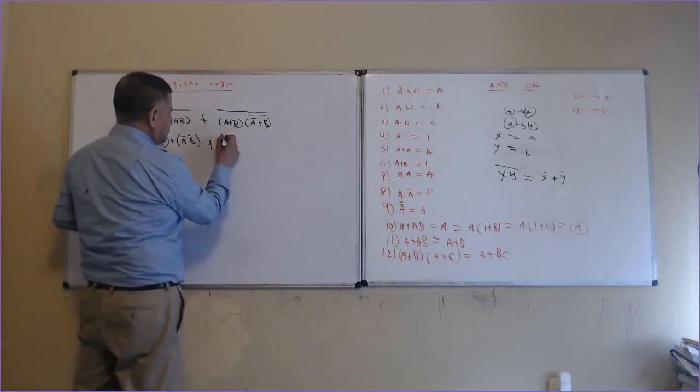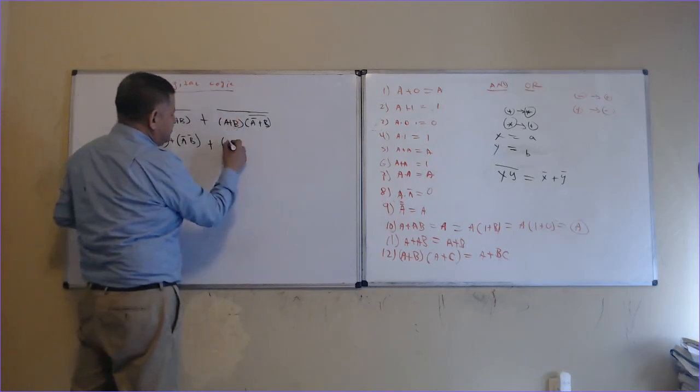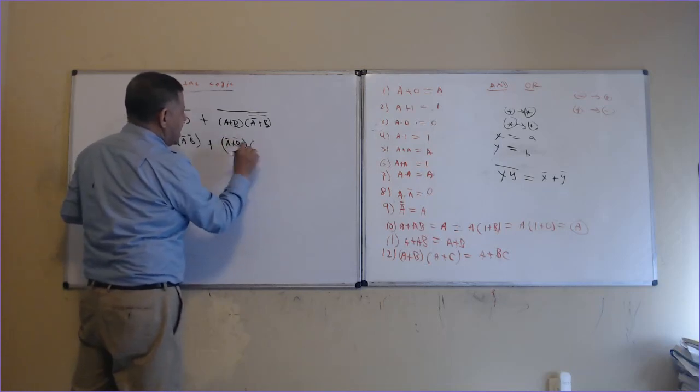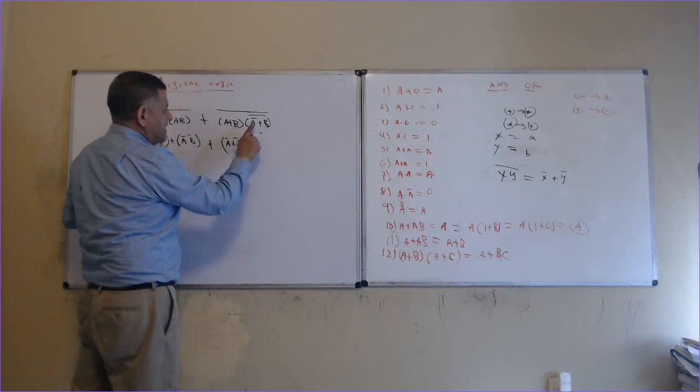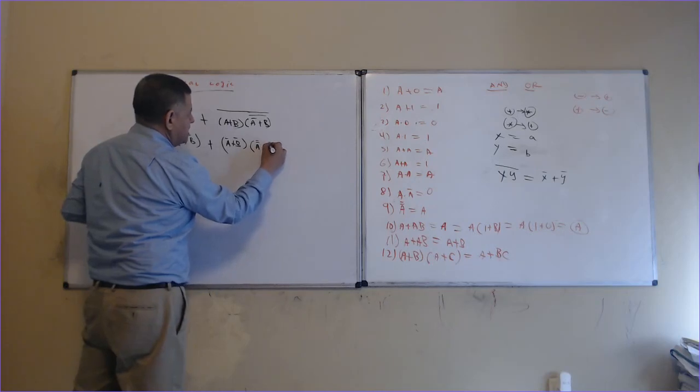Plus this. Now this I can actually say A plus B bar times right here. I get A double bar and plus B bar.